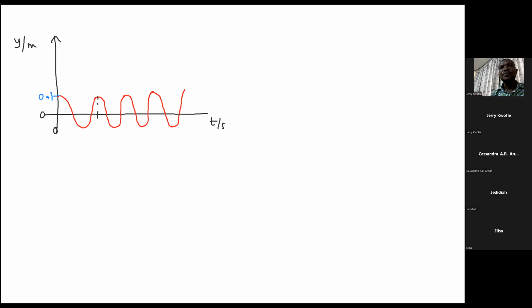It is 4 seconds. So we are going to put 4 here. We can get other marks clearly labeled. The time taken to make one cycle is 4 seconds. So the next mark is going to be 8. The next one is 12. The next one is 16. So this is the displacement time graph for 4 cycles of the motion.